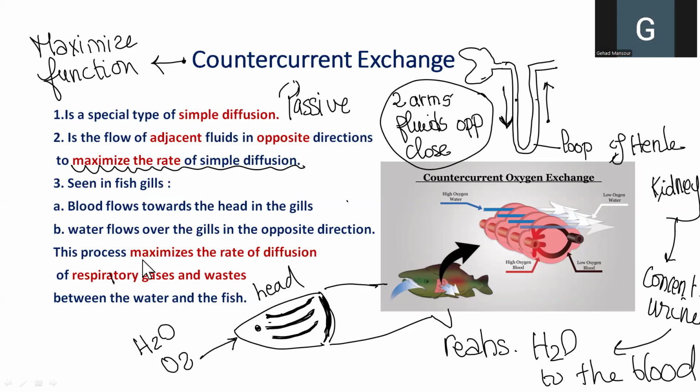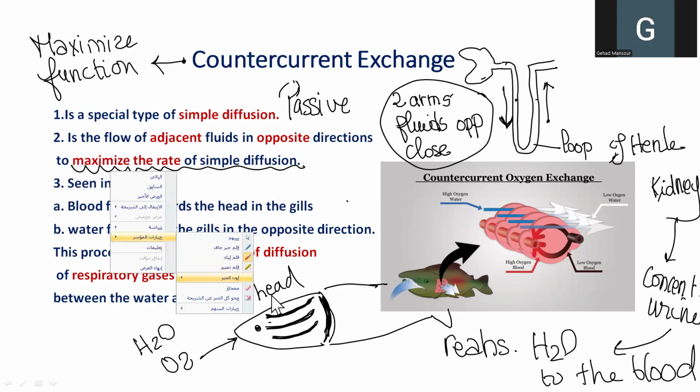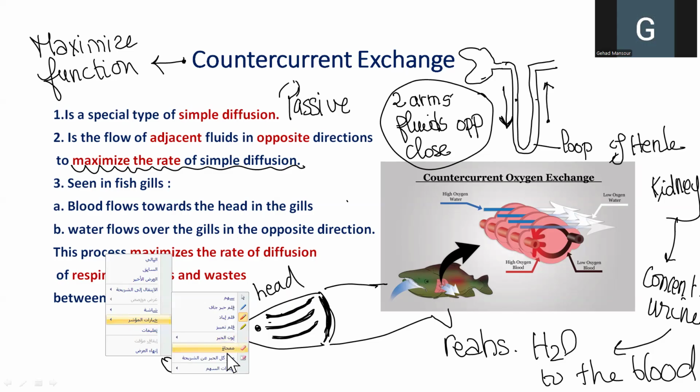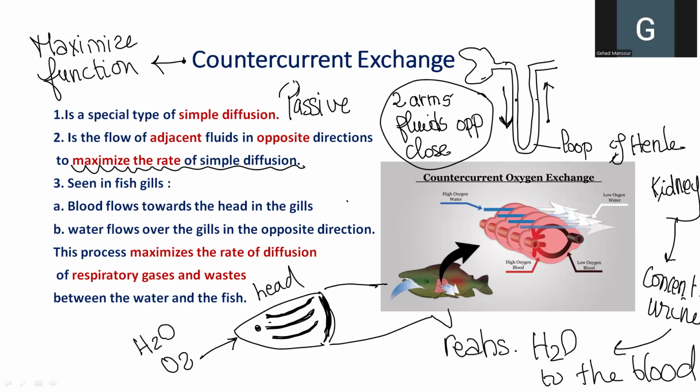Let's represent water by a different color than red, so we will represent water by a green arrow. Water will pass in that direction towards the tissues in between the gills.